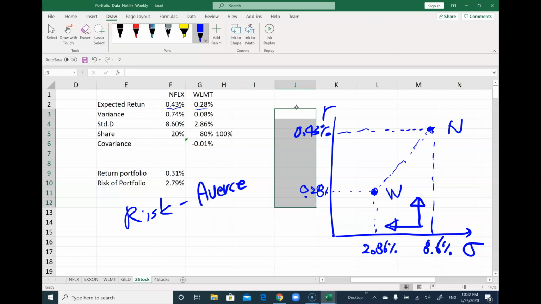If we can do better than the linear combination of the Walmart and Netflix stock by creating a portfolio between the two, that would be great, because given the rate of return, we can reduce the risk, or given the risk, we can increase the rate of return. Okay, so that's what we are looking for. So in the chart, we want to show how much of an improvement the portfolio between Netflix and Walmart can create. Okay.